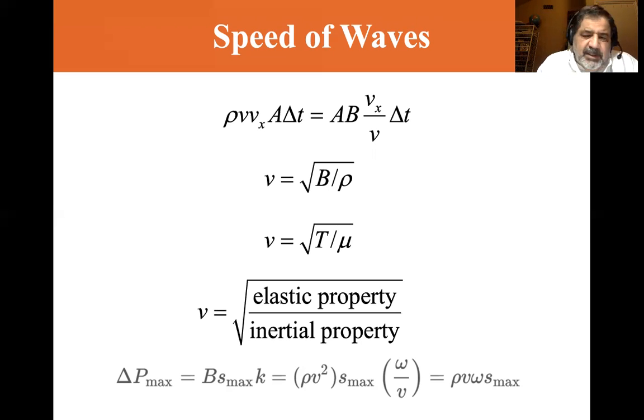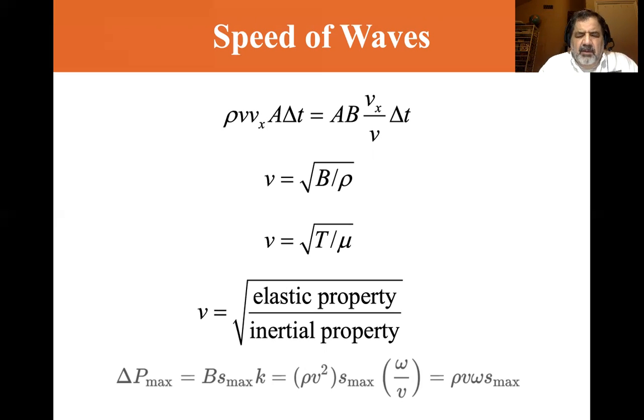And that simplifies if you recall on our previous set of slides, we ended with delta P max equals B s max times k, where B is the bulk modulus, k is the wave number. And now the wave number is 2 pi over lambda.